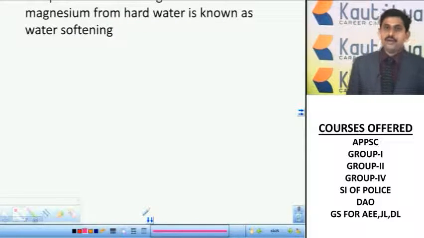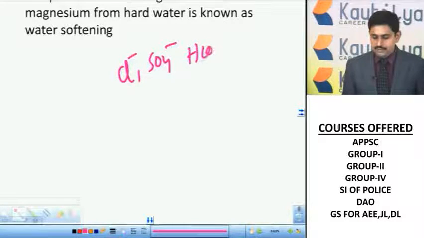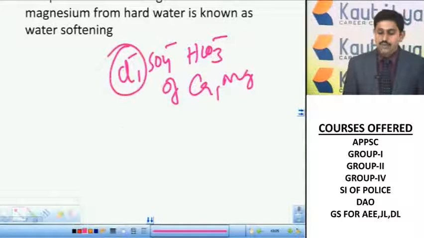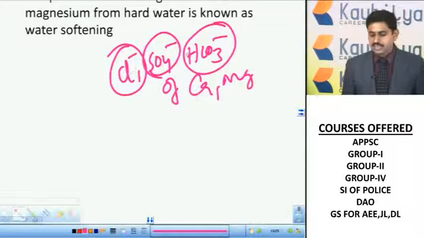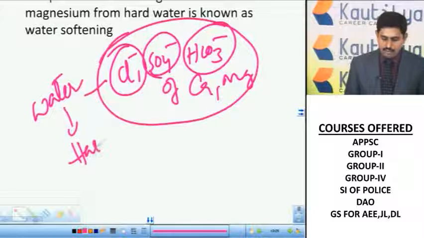If the given water consists of chlorides, sulfates, and bicarbonates of calcium and magnesium, that means calcium chloride, calcium sulfate, calcium bicarbonate, or magnesium chloride, magnesium sulfate, magnesium bicarbonate, then this type of water is called hard water.